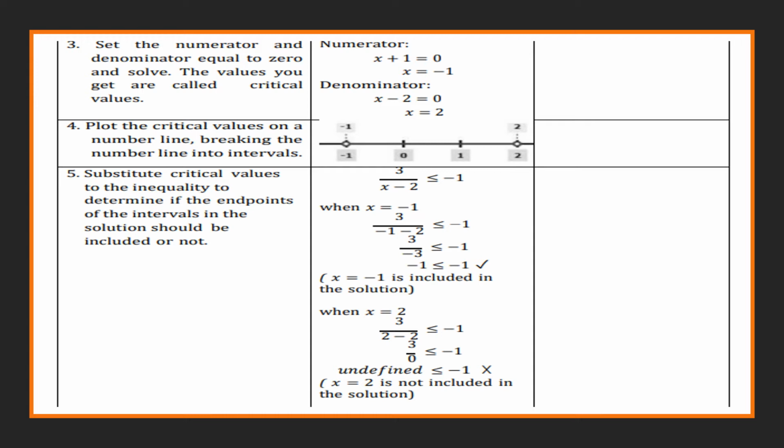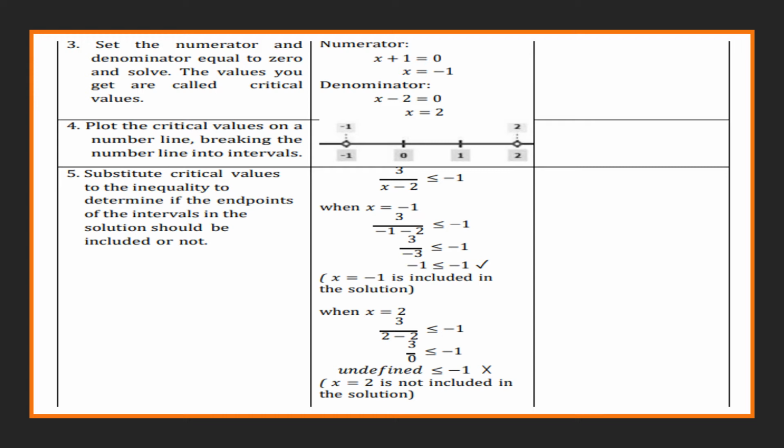So you will make a line, then place negative 1 and positive 2. Between negative 1 and positive 2, we have 0 and positive 1, but you don't need to write the 0 and 1. Only negative 1 and 2 is okay.